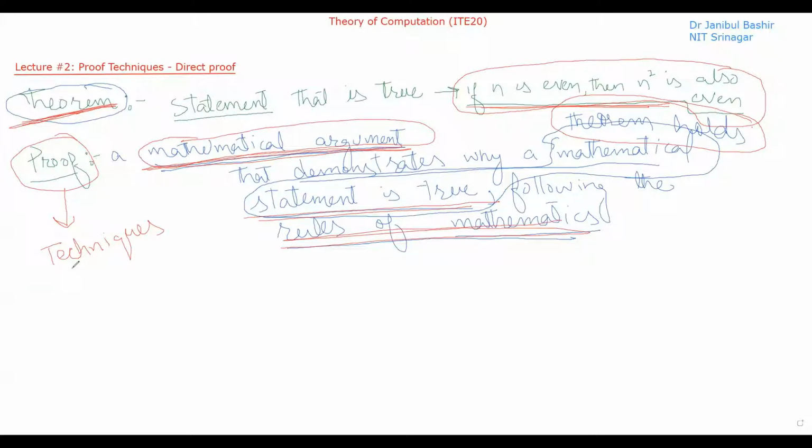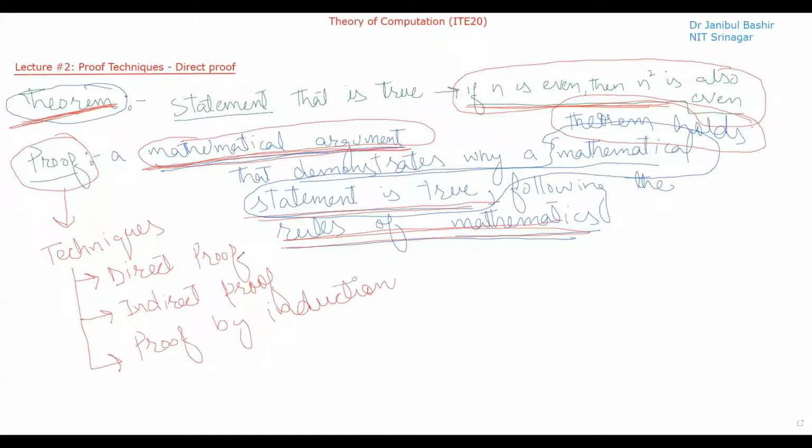The different techniques to prove a particular statement is true: one technique is called a direct proof. The second technique is called indirect proof. And the third technique, sometimes we say, is also a part of indirect proof, but some mathematicians create a different category that is called proof by induction.